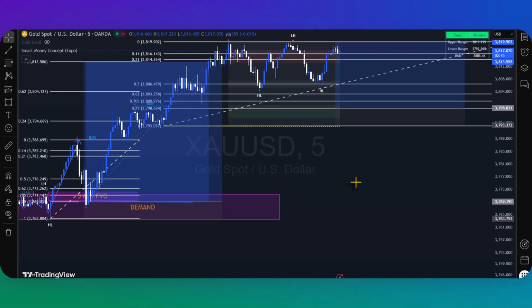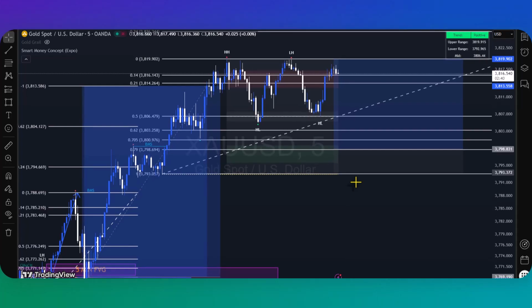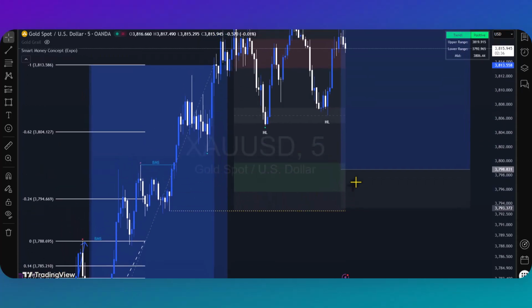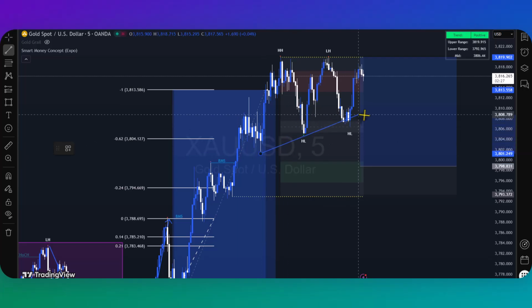Like I already told you before about trend lines. So now let me try to draw a trend line for you on this 5 minutes time frame. Just go to your tool and you'll see this trend line, and then if there's three touches, then it's a valid trend line.